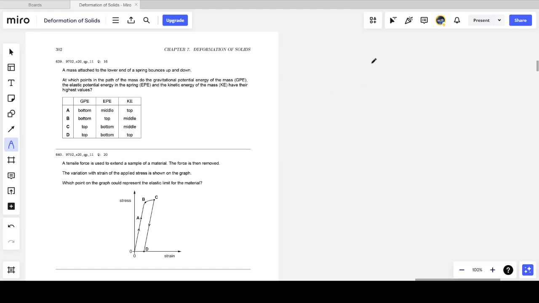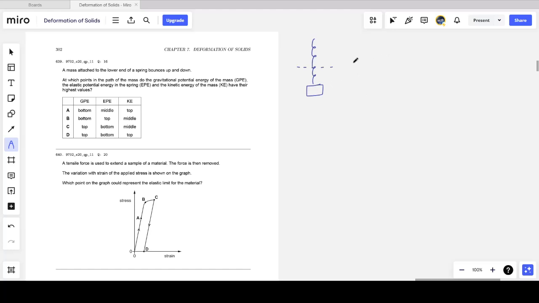So you don't really need to know the topic of oscillations to do this, although it may help. But let's draw a little diagram of what's happening. So here's my mass, and this mass is bouncing up and down on the spring, and it's at its bottom point, so the spring is being extended past its equilibrium length, meaning there's some tension in the spring.